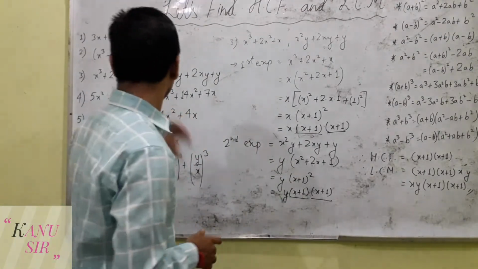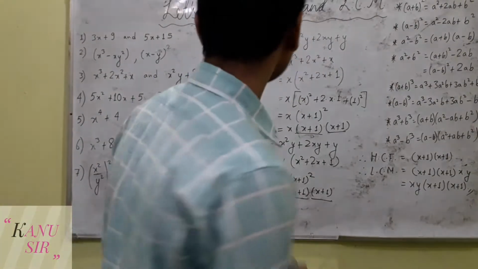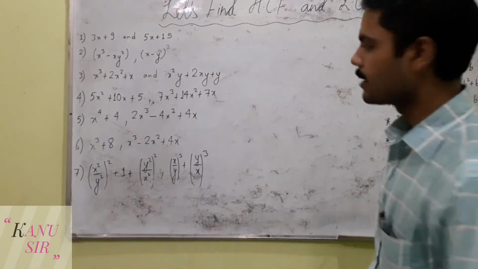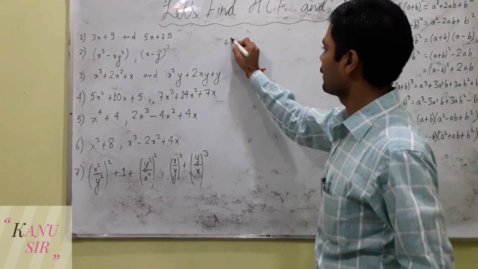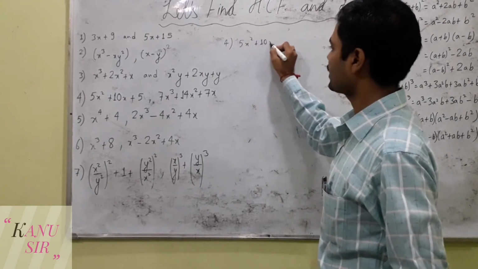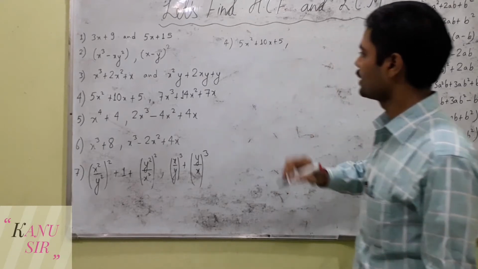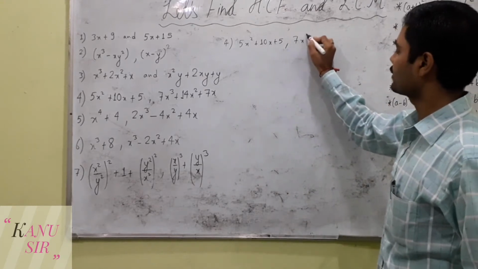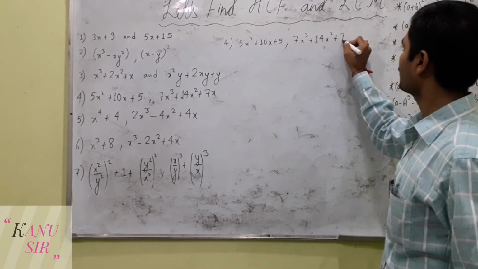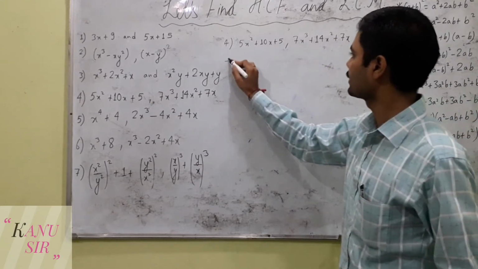Now let us go for the fourth example. In the fourth example, the expressions are 5x square plus 10x plus 5, and the second expression is 7x cube plus 14x square plus 7x.